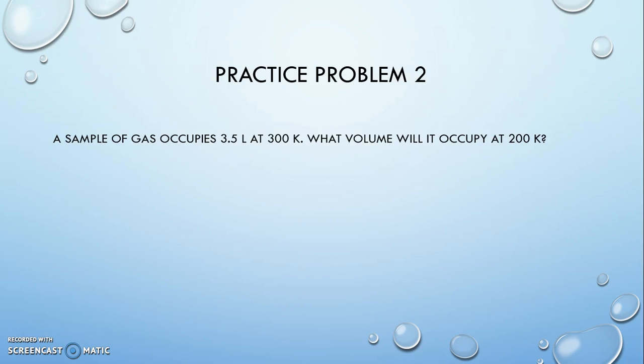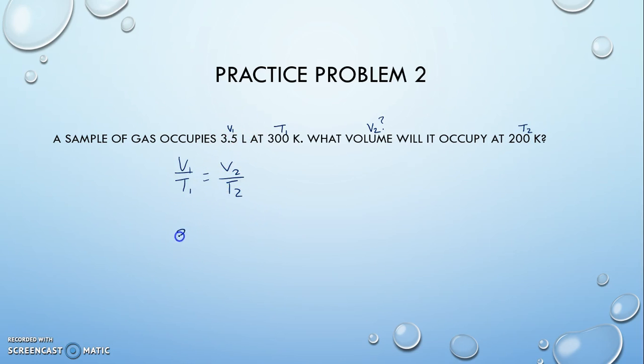All right, so here's a practice problem. A sample of gas occupies 3.5 liters, that's volume 1, at 300 Kelvin, so that's T1. What volume, that's what we're looking for, will it occupy at 200 Kelvin? All right, so V1 over T1 is equal to V2 over T2.